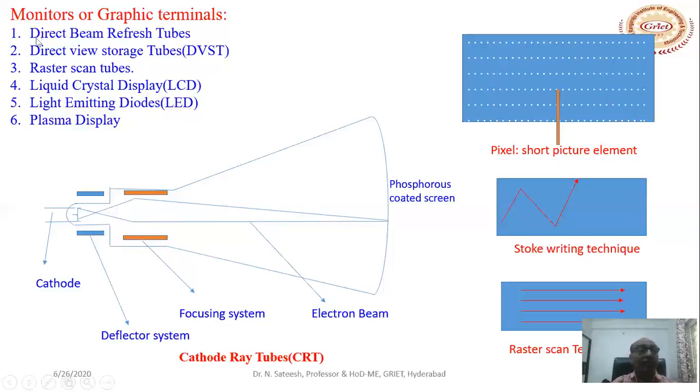Direct beam refresh tube uses the stroke writing technique. As per the image in the computer's memory, it is displayed on the monitor by drawing line segments. Each line segment is defined by 2 points, and the pixels which fall under this line segment will be illuminated, and the image will be viewed by the user.